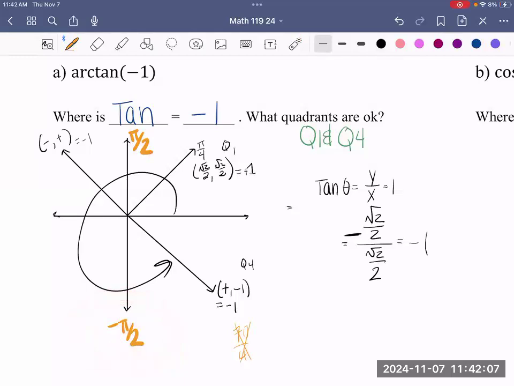Instead, to get to your fourth quadrant, instead of going around your unit circle, we're just going to be going in the clockwise direction.